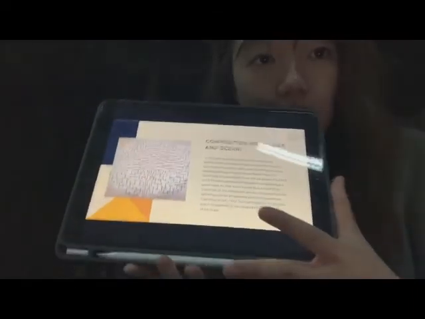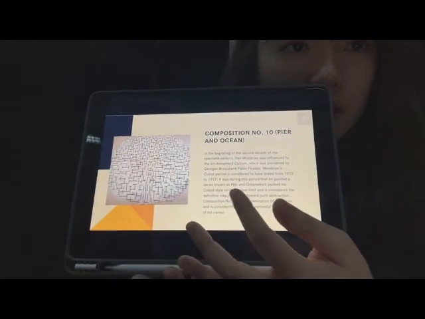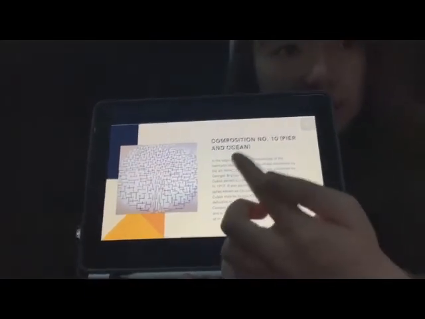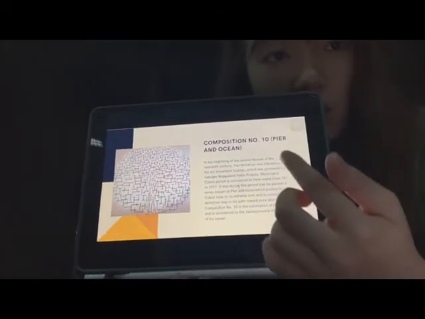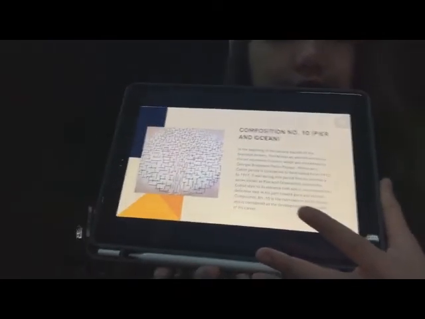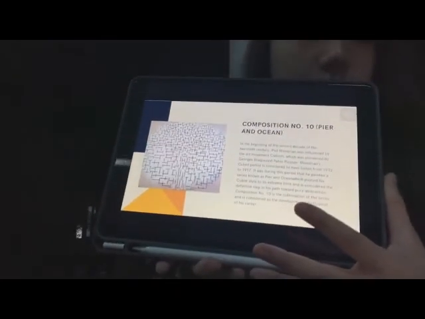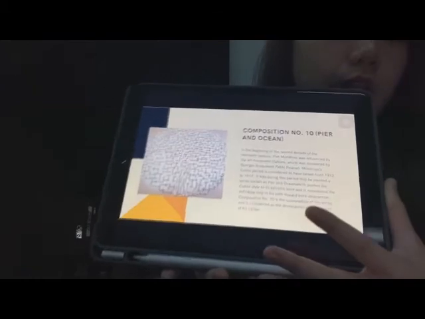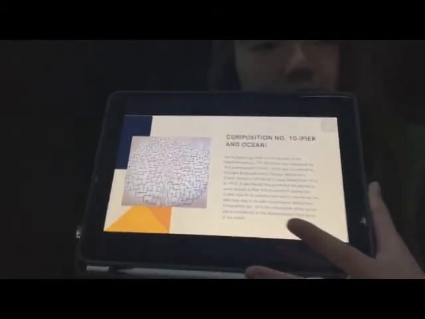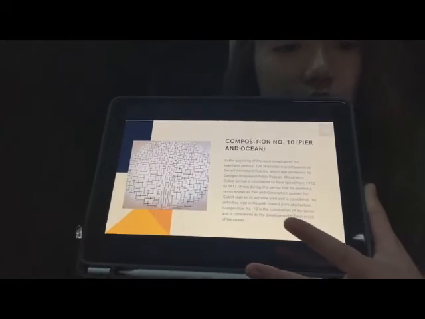And this is the art of P.A. Mondrian that I chose. It is called Composition Number 10, or Pier and Ocean. In the beginning of the second decade of the 20th century, Mondrian was influenced by the art movement Cubism.